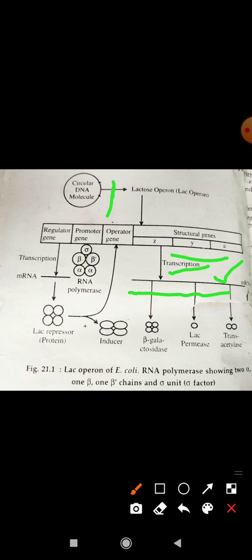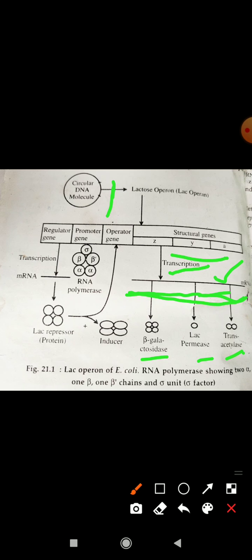Here only one long mRNA molecule is produced; after transcription, a single large mRNA is produced. These 3 genes control synthesis of 3 different enzymes, and we have named those enzymes. So this is what is related to the structural genes.